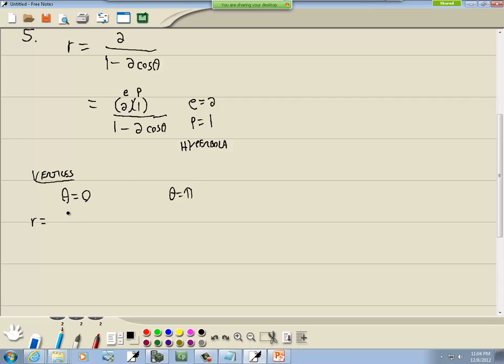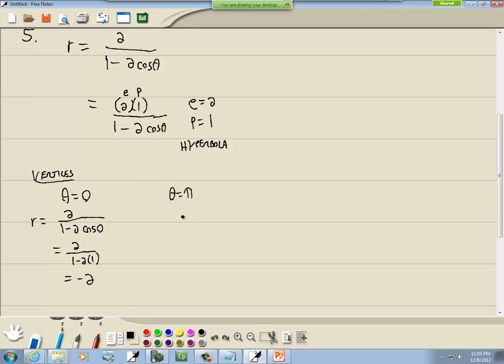So we've got r equals 2 over 1 minus 2 cosine 0. Cosine of 0 is 1. So that gives us 2 over 1 minus 2 times 1. 2 times 1 is 2, 1 minus 2 is negative 1, so that gives us negative 2. Let me double check that. Cosine of 0 is 1, 1 minus 2 is negative 1, negative 2. Okay, yeah.